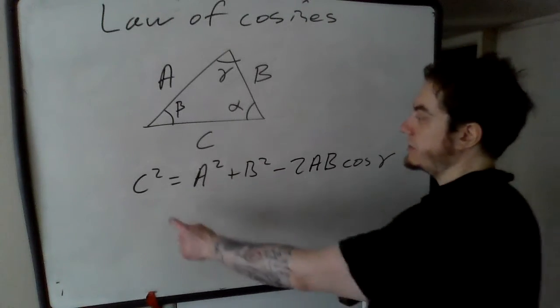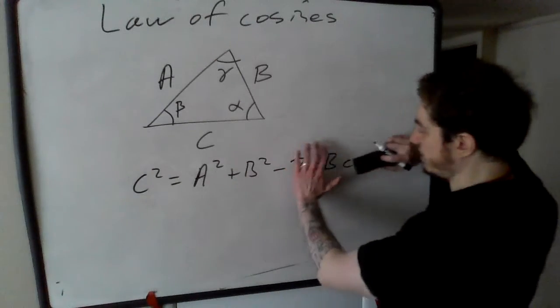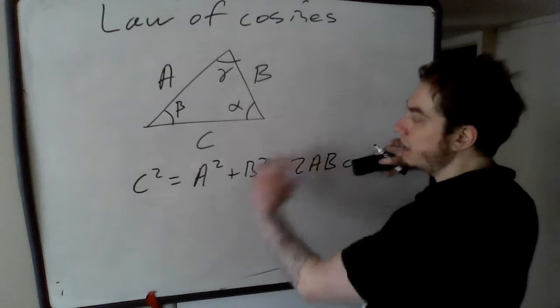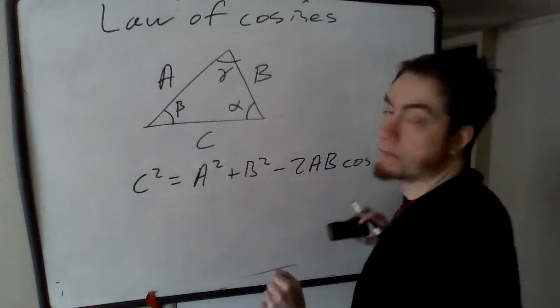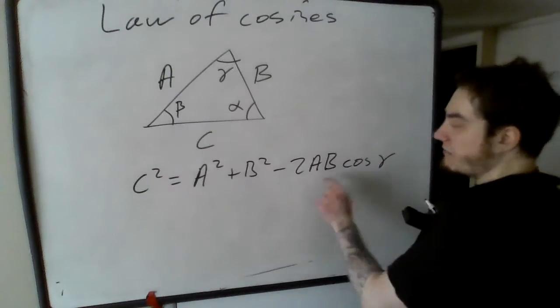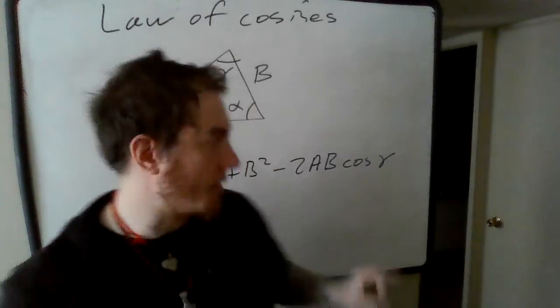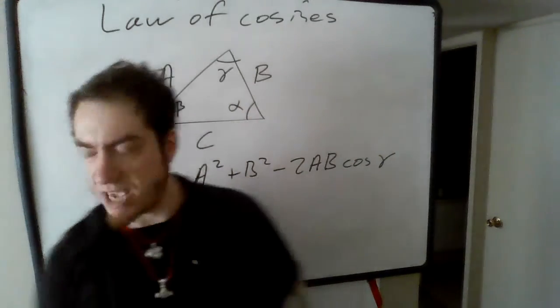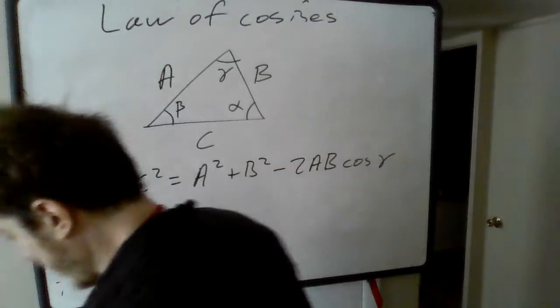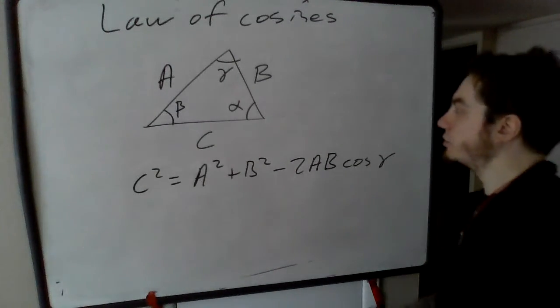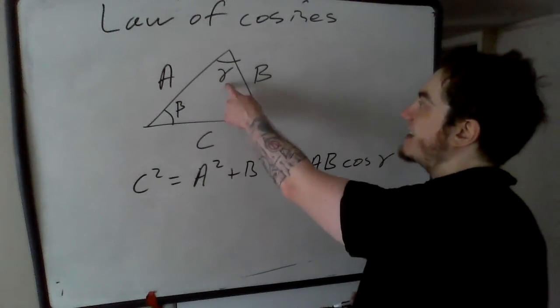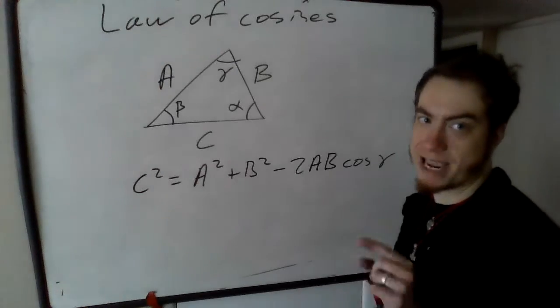Now notice, the first part of this, if I just ignored this piece, would be the Pythagorean theorem. But we have this additional piece sitting on there, this minus 2ab cosine gamma. And that is sort of a correction for the fact that gamma is not necessarily a right angle.